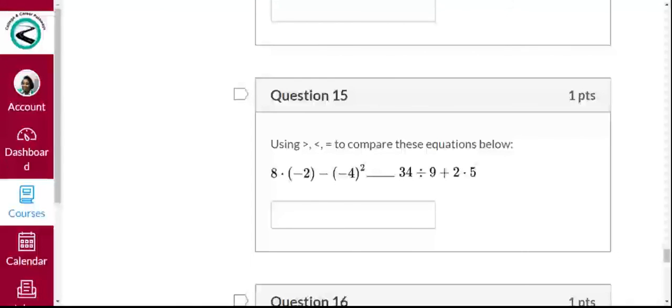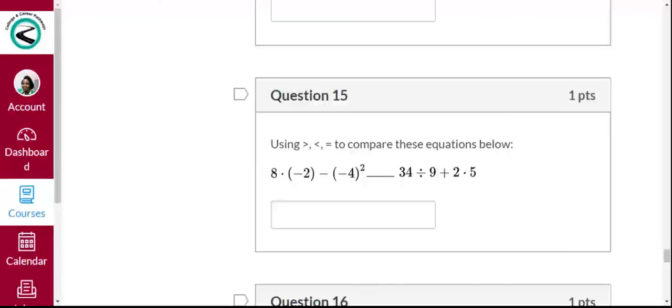So let's do that one just to see what that becomes. Minus negative 4 squared. So this will give me negative 16 minus 16, which is a negative 32.